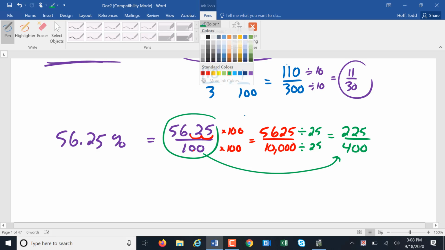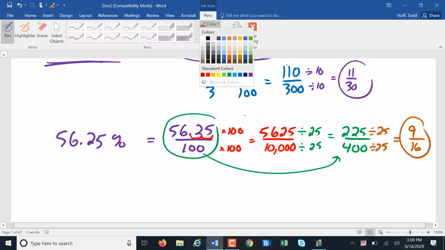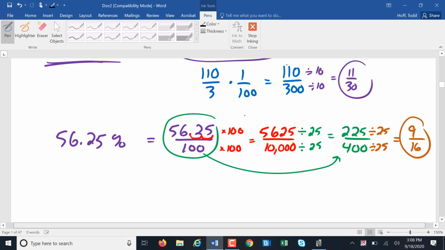But again, you don't always see that. We can divide by 25 again. 225 divided by 25 is 9. 400 divided by 25 is 16. 9/16. So 56.25% is the same as 9 out of 16. Yeah, we've used that number a couple times, yeah.